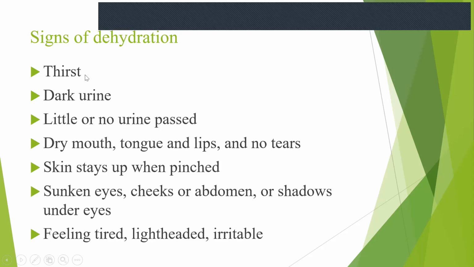The first is thirst, or the urine becoming darker, or little or no urine passed, or a dry mouth, tongue, or lips, or no tears. Okay, and skin that stays up when pinched.